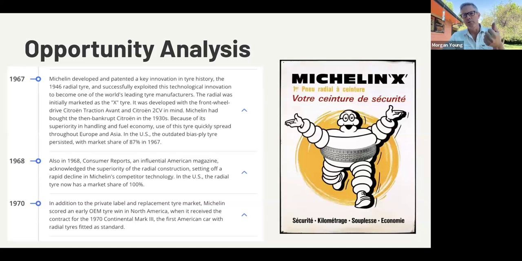So they said, we have a new product now that differentiates us from the competition. There's no incentive for us to put this in the tires in Europe because people are still buying our tires. But if we launch this in the United States, that differentiates our positioning from the competition of BF Goodrich and Goodyear and others.